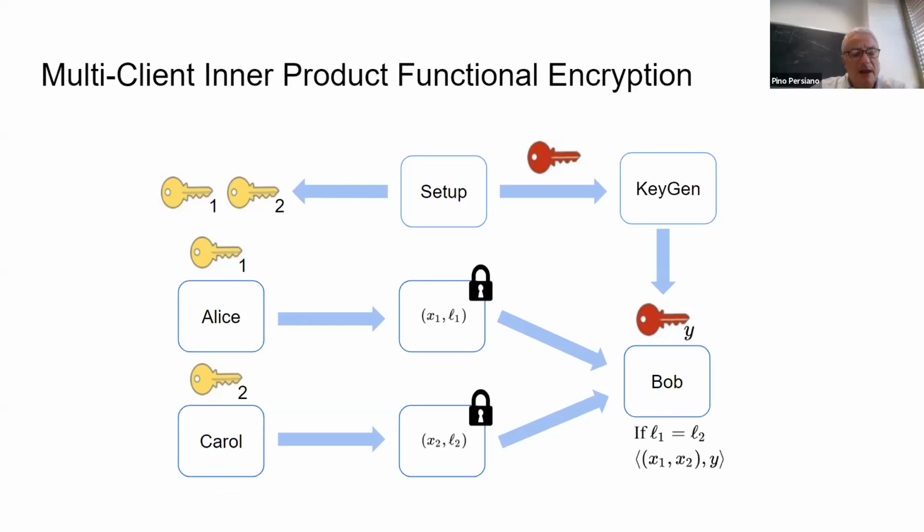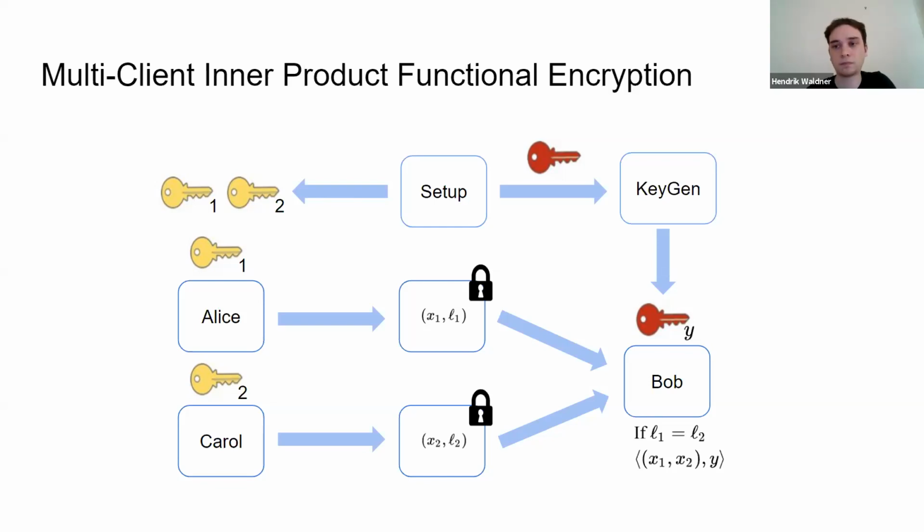And a related question is that Alice and Carol, so there is one place for Alice, in the sense that whatever Alice encrypts using the yellow key 1 is going to be the first component, so they cannot switch, right? Exactly. And yeah, in the setting you described, you can also switch.